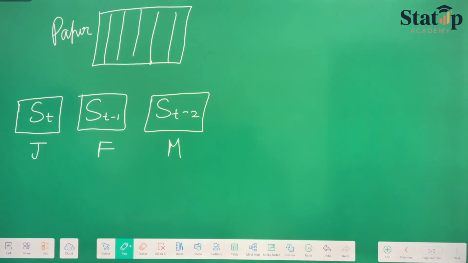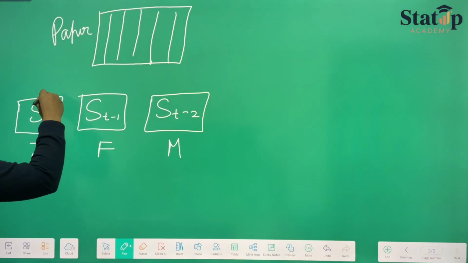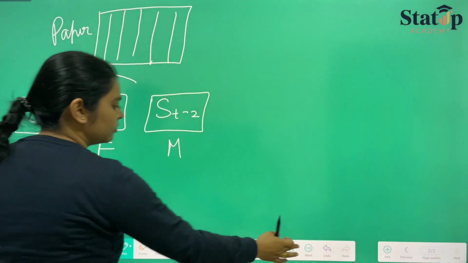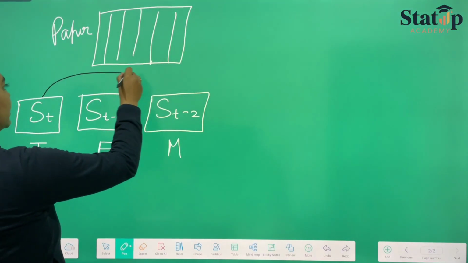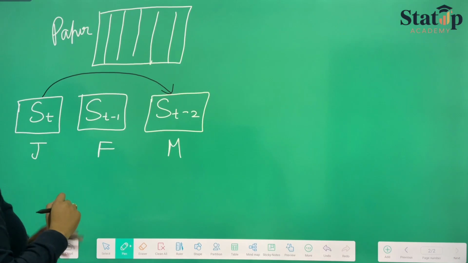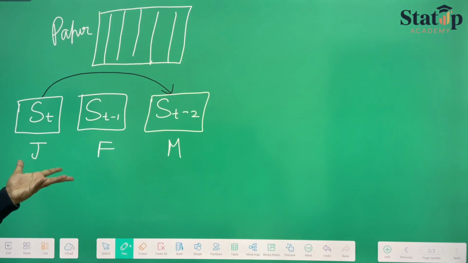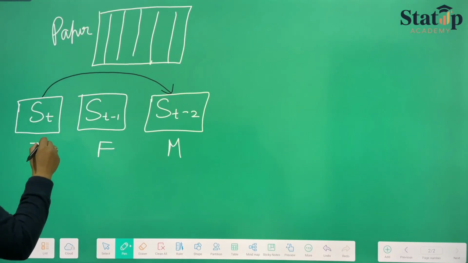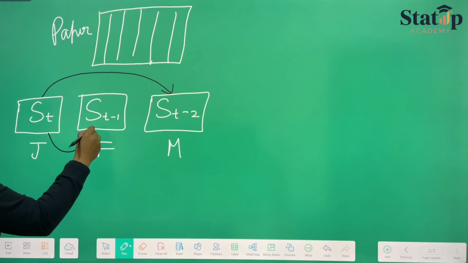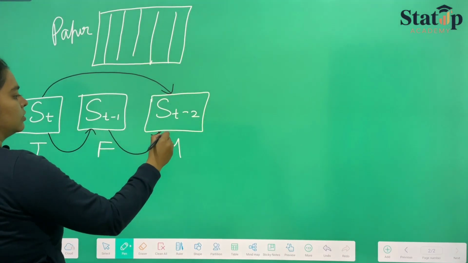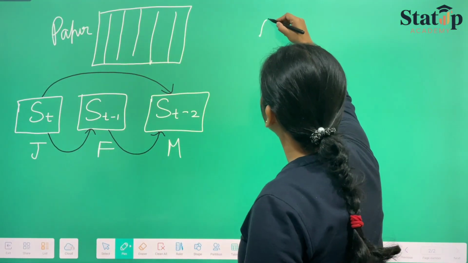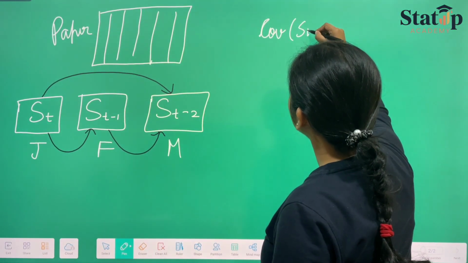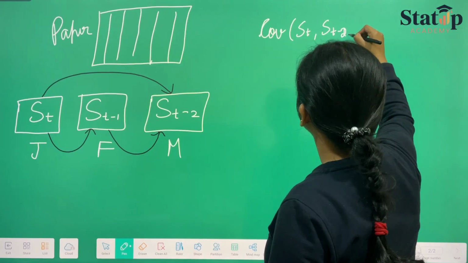So partial autocovariance function tells us the direct correlation between January and March, ignoring the February month if you want to calculate. And autocovariance function includes these intermediaries. That is the main difference between these two things. So it would be covariance between st and st minus 2 directly.